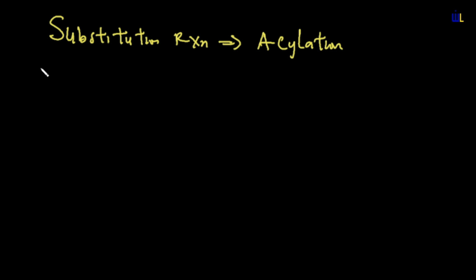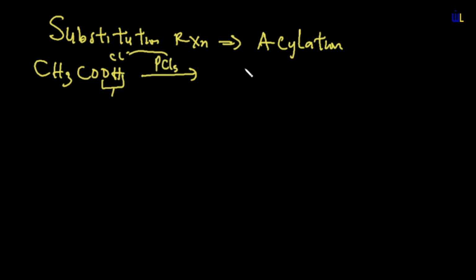Now, the acyl chloride is a product of halogenation of your alkanoic acid or your esters. For instance, you have an alkanoic acid which tends to react with something like phosphorus pentachloride, and when that reaction occurs, the OH group is basically replaced by one of the chlorines. So you will now have this product, CH3COCl.